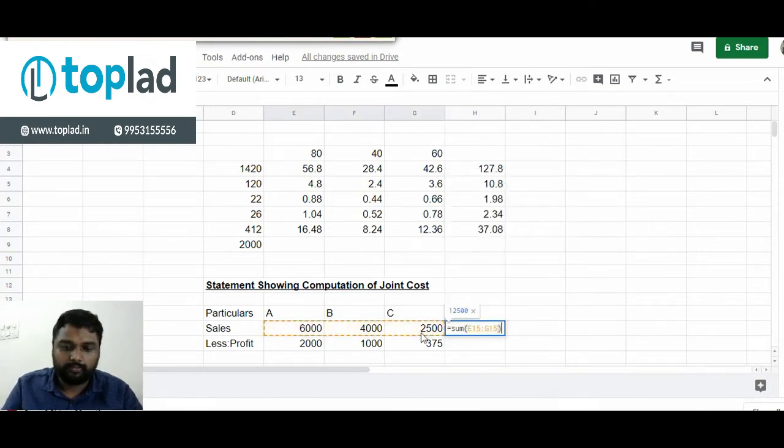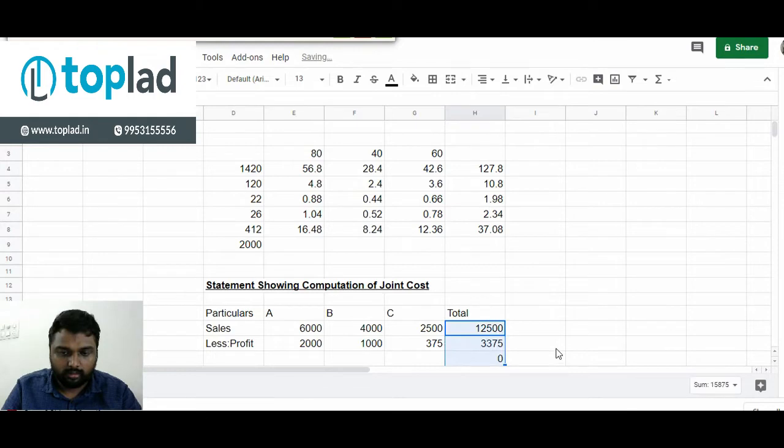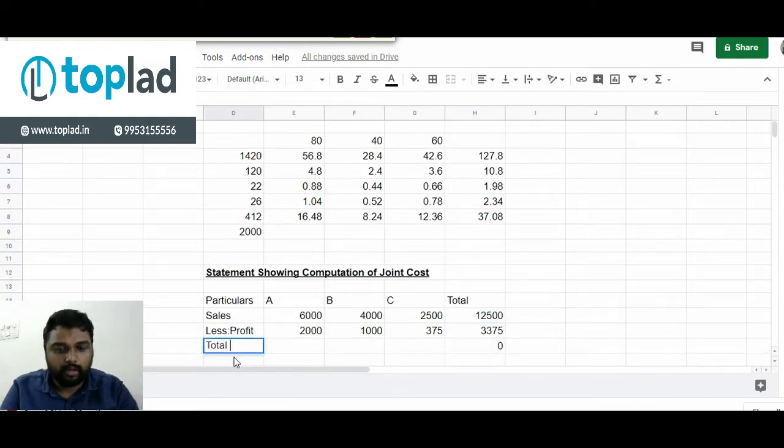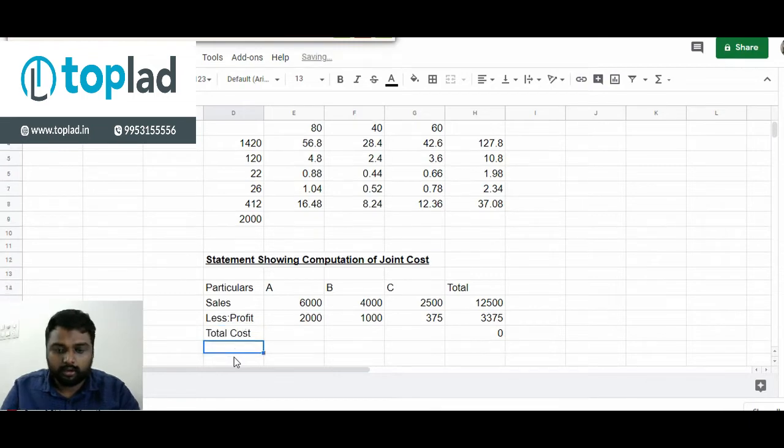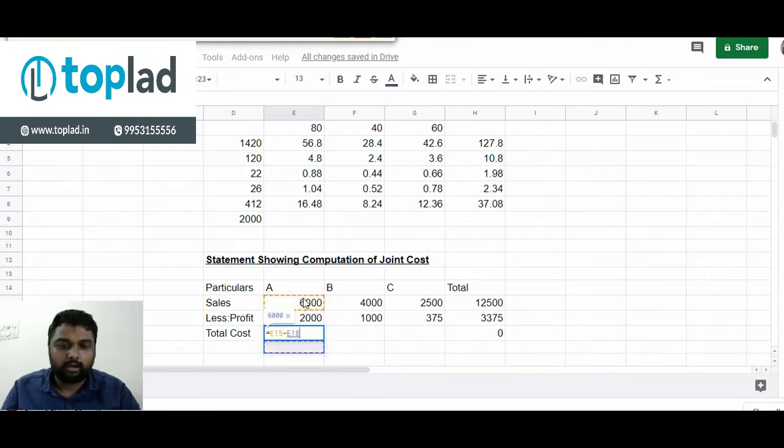So see, what will be our total cost? Our total cost will be sales minus profit. What is the sales? 6,000.